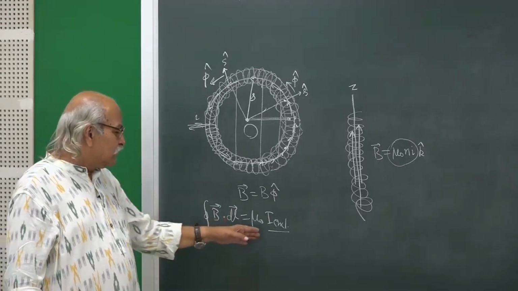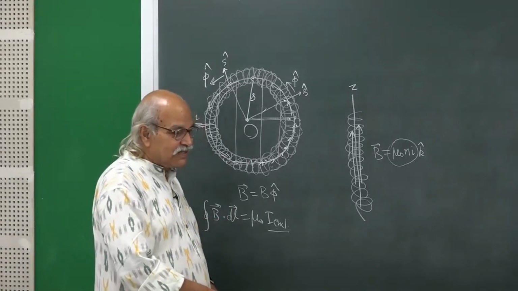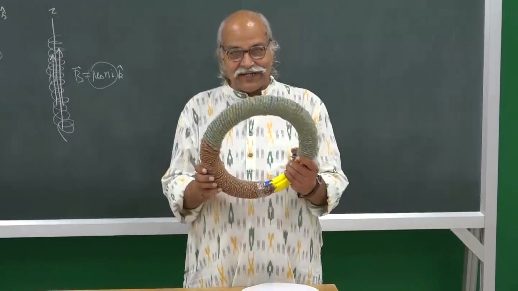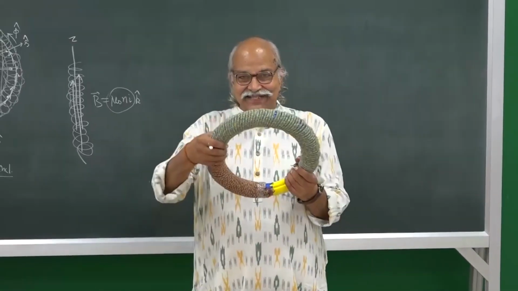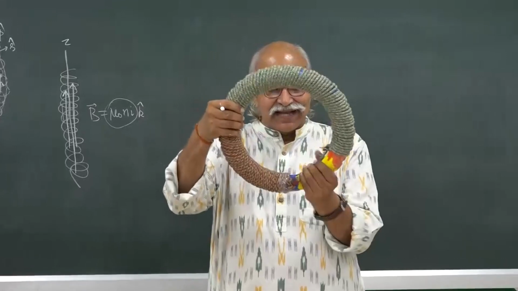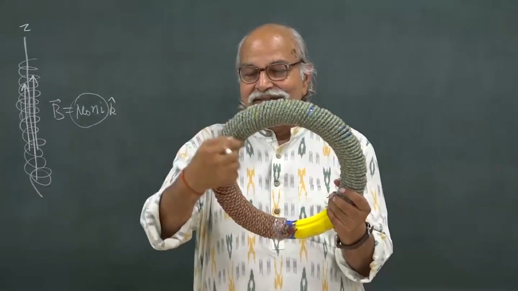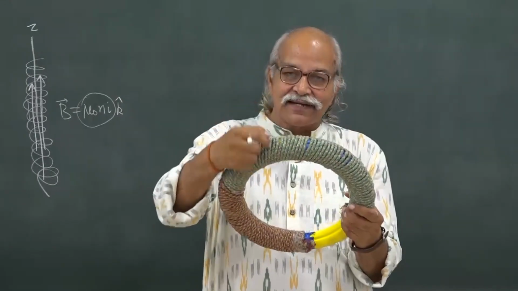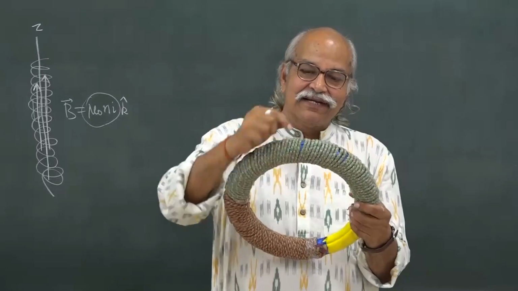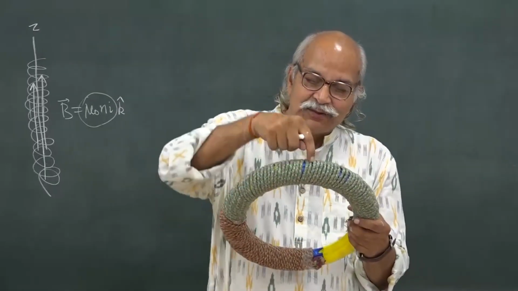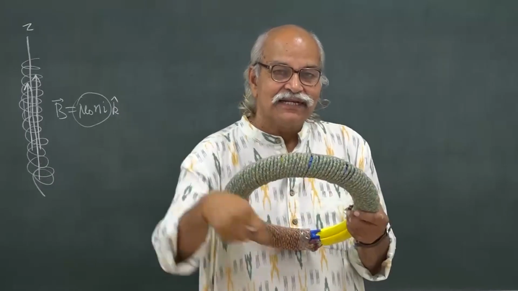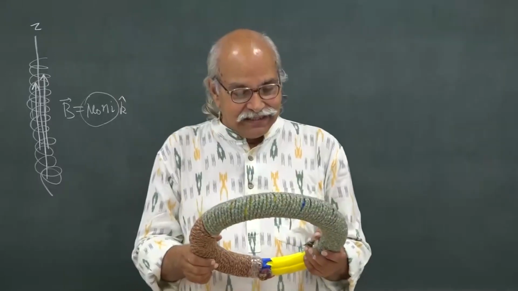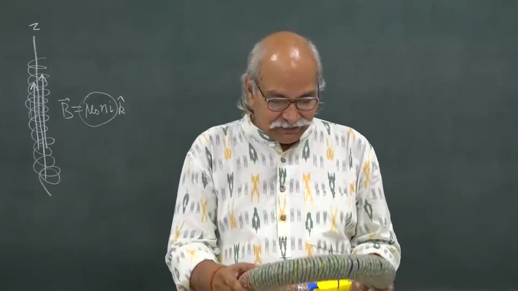So, let me do it with a model that we have created for convenience. This is our toroid. This is a tube, actually a bicycle tire rather, and on that we have wrapped this rope, and you assume that each turn carries a current. So, the current goes this way, comes this side, then goes this side, and that way the entire toroid is carrying this current on the circumference.